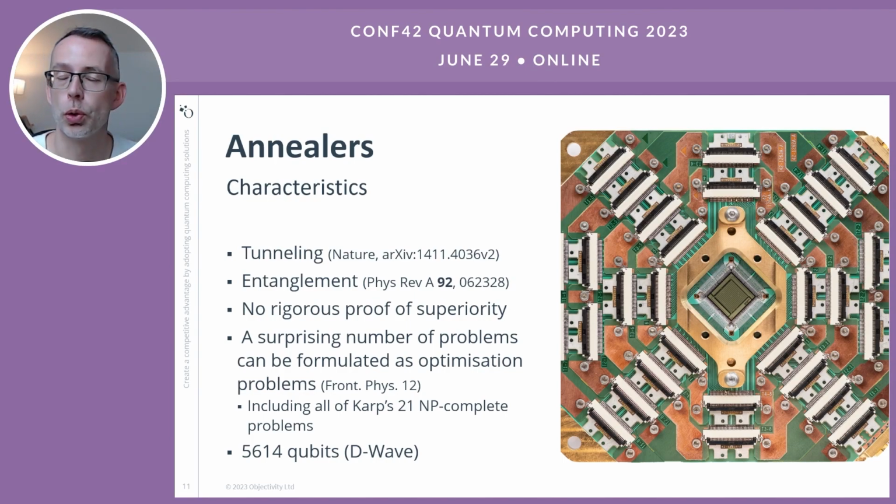Graph covering problems, traveling salesman problem, bin packing problem, partitioning problems: you can formulate them as an optimization problem, in fact as a binary optimization problem with quadratic interactions, which is what annealers specialize in.